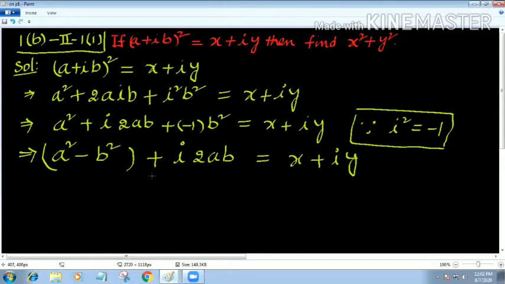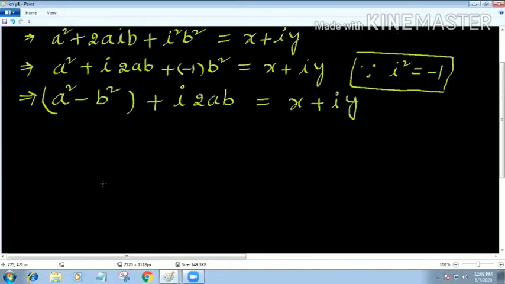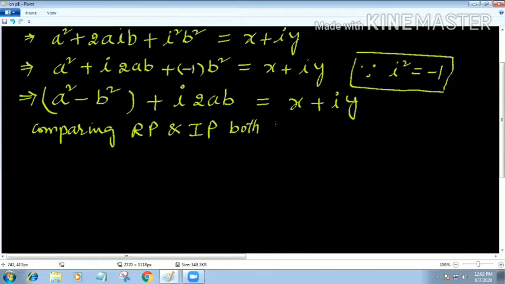Now I want to compare the real and imaginary parts on both sides.